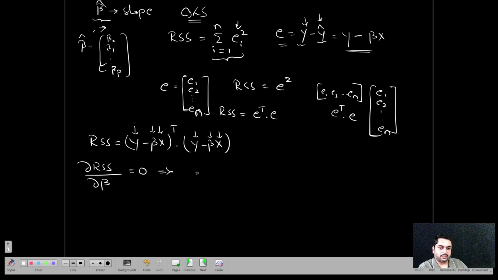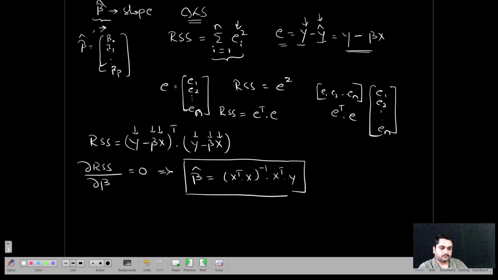If you do it, we'll get the estimate for beta equal to x transpose into x, inverse, into x transpose into y. So, this is the column vector. That means beta looks like this when you solve it: beta naught, beta 1, and so on up to beta p.